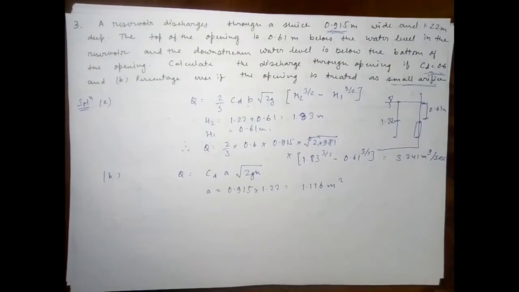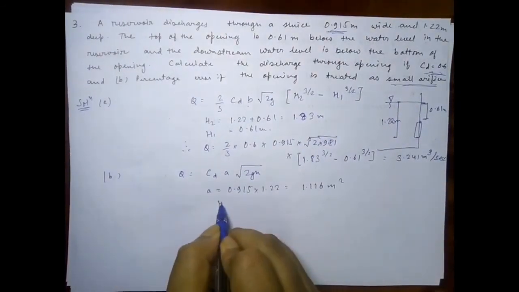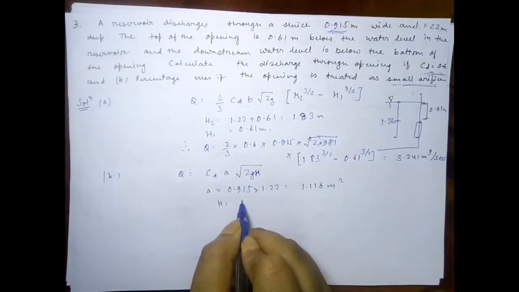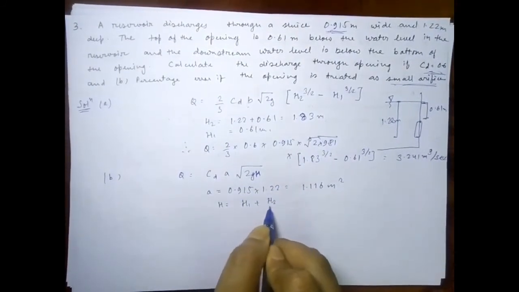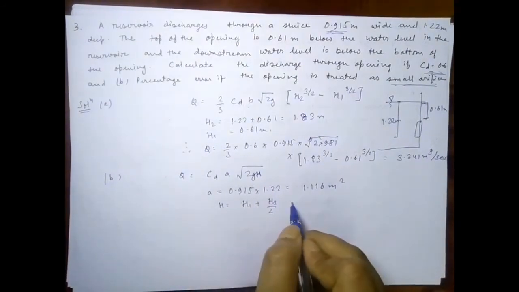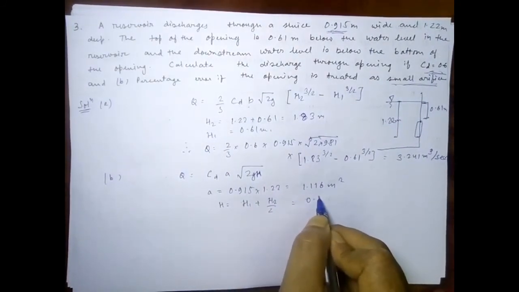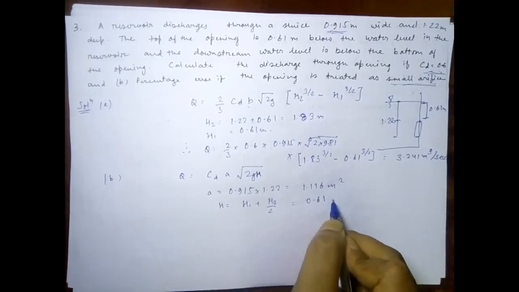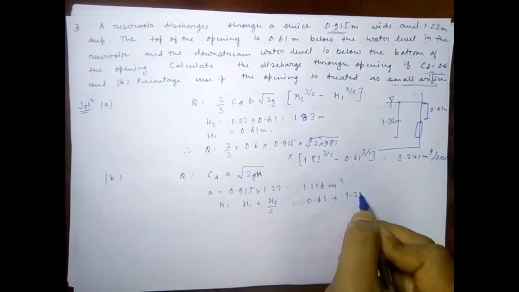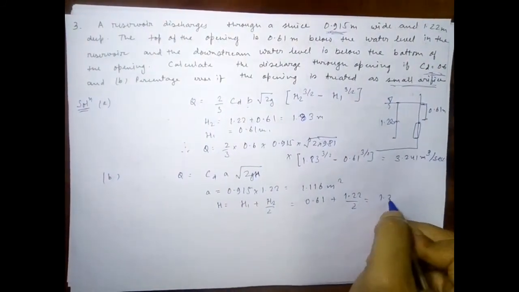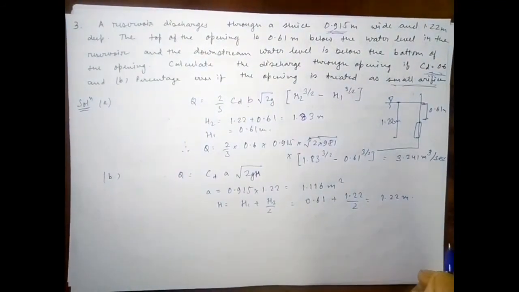and H is equal to H1 plus H2 by 2, and that is equal to 0.61 plus 1.22 by 2, and that is equal to 1.22 meters.